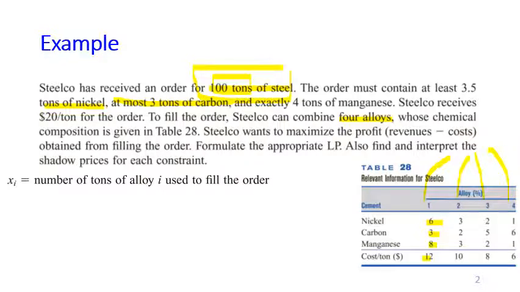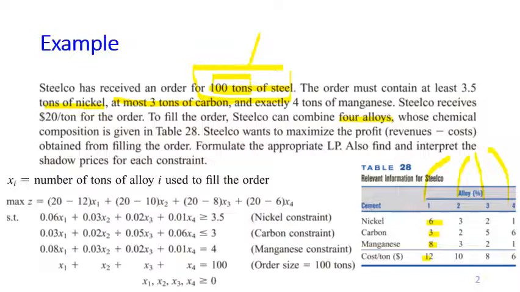So here are our decision variables. The number of tons of alloy i used to fill this 100 tons order. Of course, the sum must be exactly 100 because the order size is 100 tons. And then for the other constraints, for example, the nickel constraint, because the first alloy contains 6% nickel, you see 0.06 here.